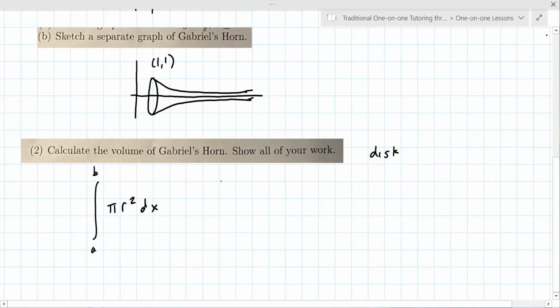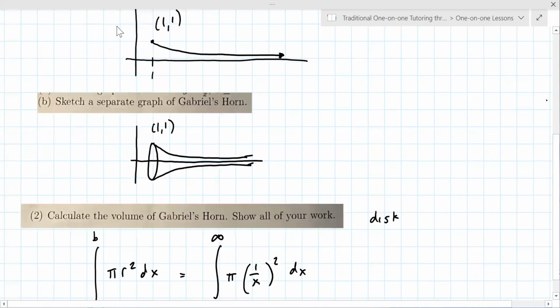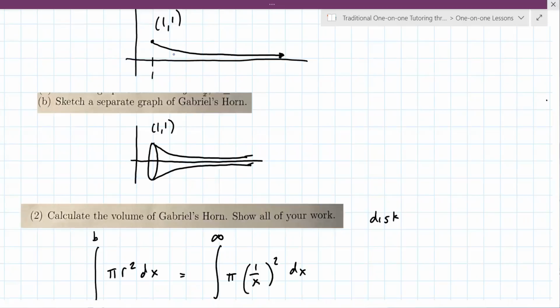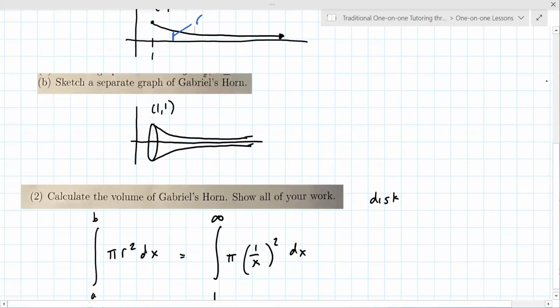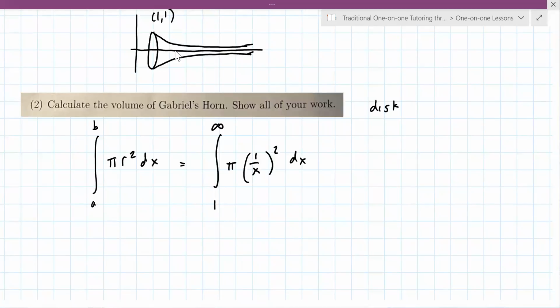But in terms of your problem, you're going from 1 to infinity because those are the limits that it provided in the problem. Right. Your r is the 1 over x function, squared, because that's the distance of the radius. And if we want to show it in a color up here, like in blue, that's your r. Okay. And then you just work out this integral.